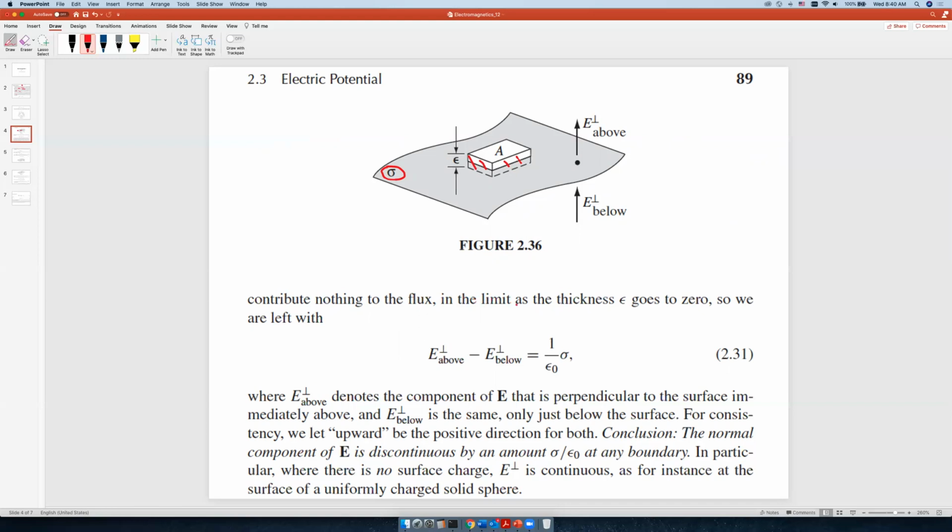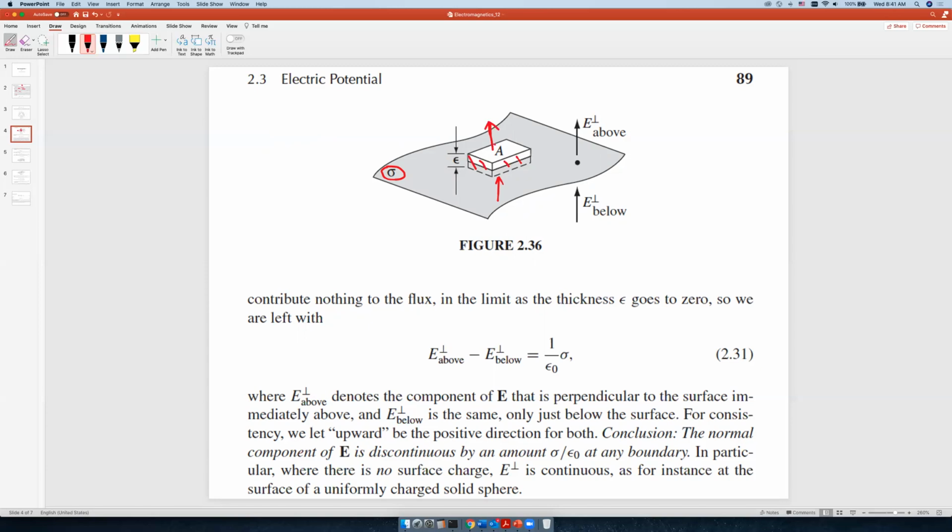In the limit as the thickness goes to 0, we are left with E above minus E below equals 1 over epsilon times sigma. If you remember Gauss's law, when you do a surface integral of E, we know the direction of E at this pillbox is going up or down.